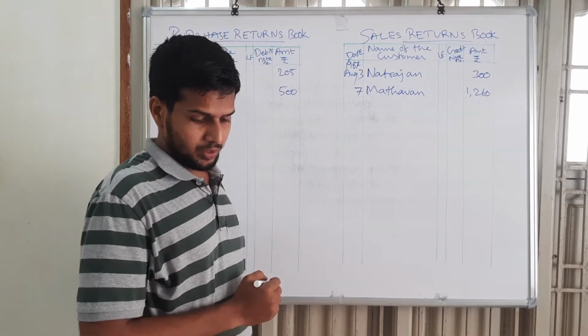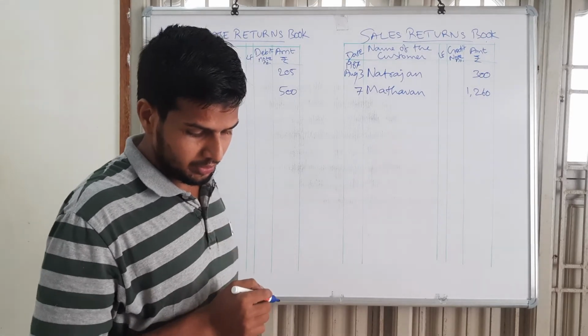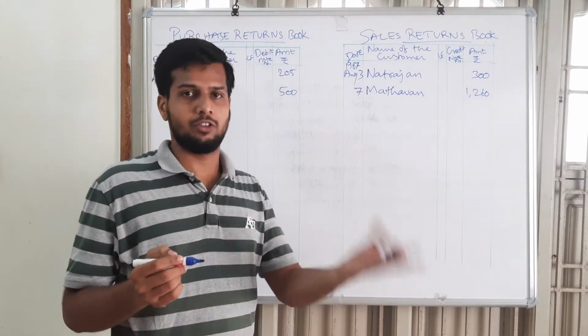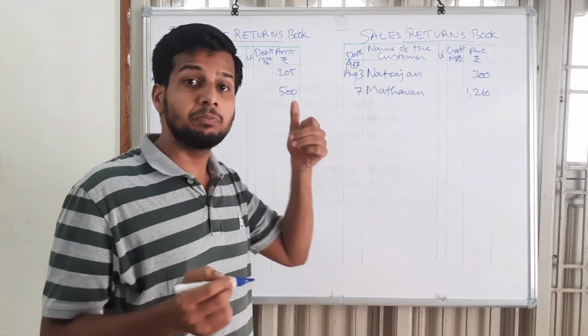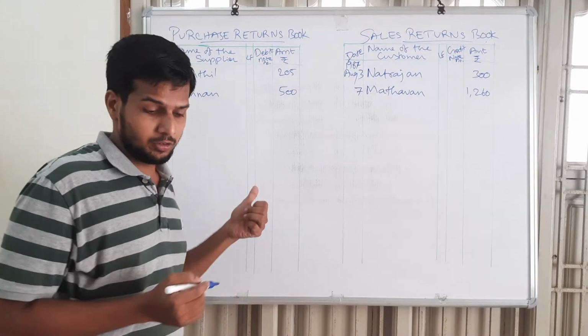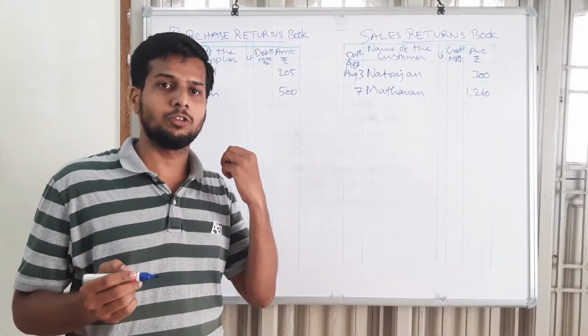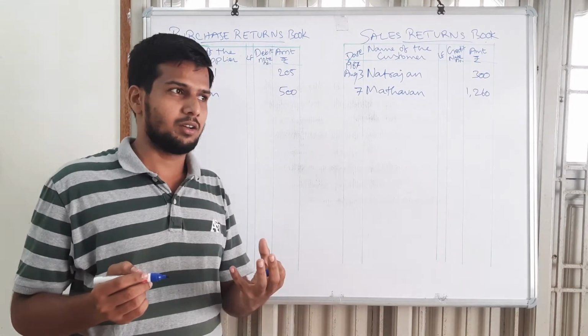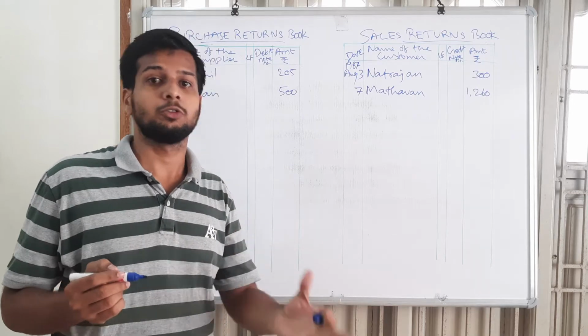Then the next one, August 15: we have returned defective goods to Rajan. We are returning the goods to Rajan, so that is purchase returns. Defective goods means damaged or incomplete goods, or goods that are not up to the quality.